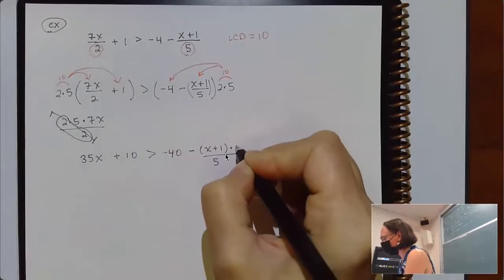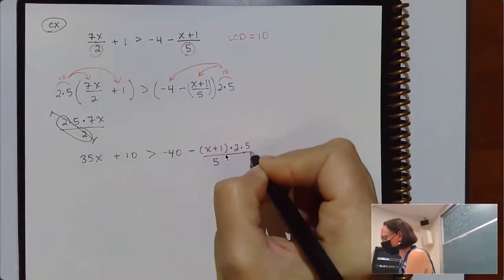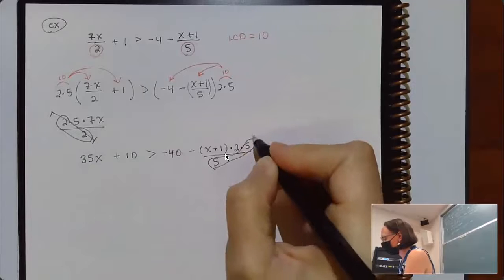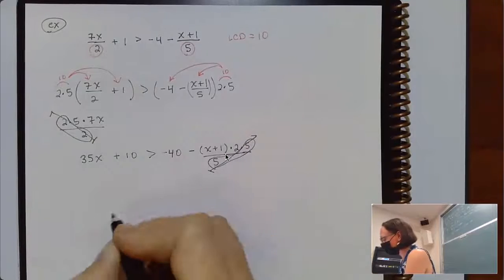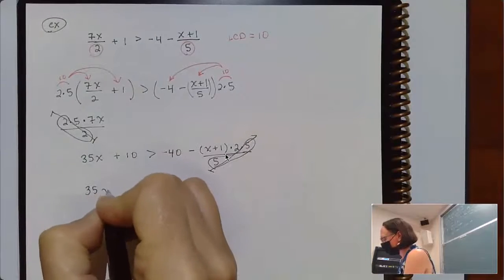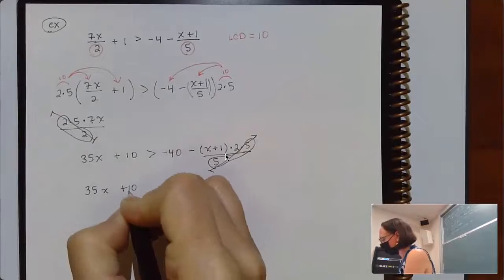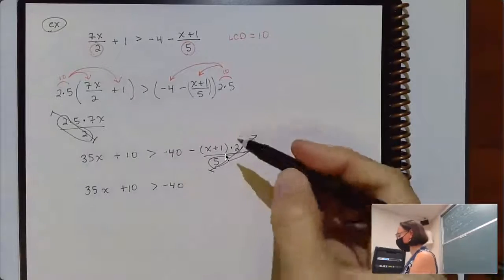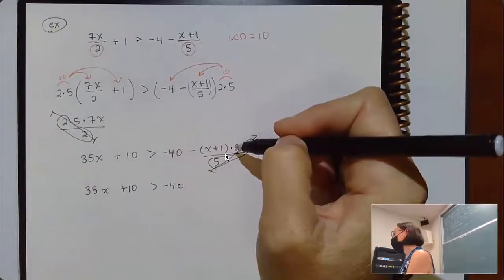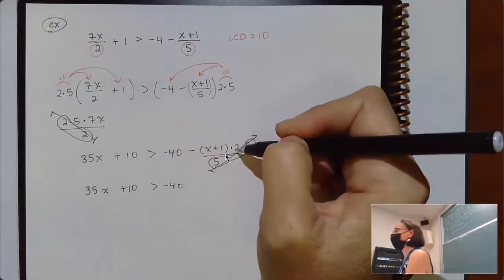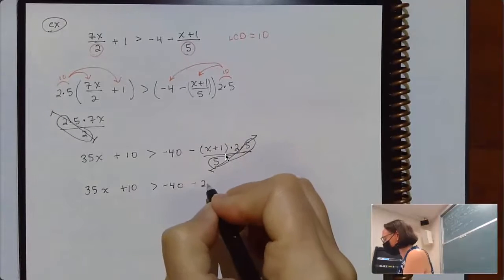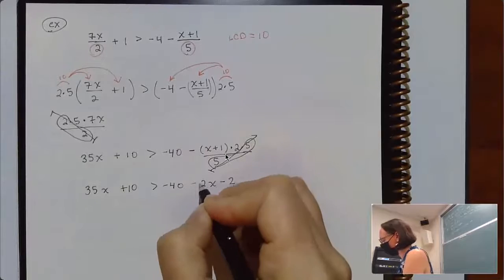And now I'm distributing in the 2 and the 5. So my 5 over 5 became a 1. 10 greater than -40. And here, I have a negative sign to distribute and I have a 2 to distribute. So I'm going to end up with -2x minus 2.